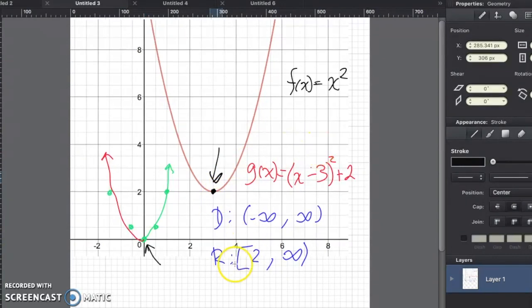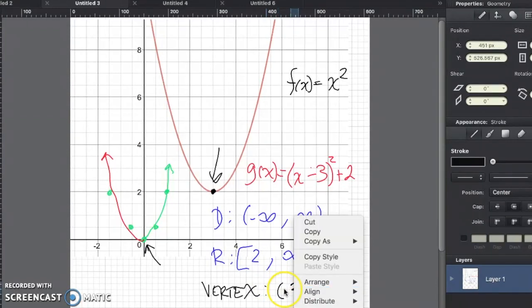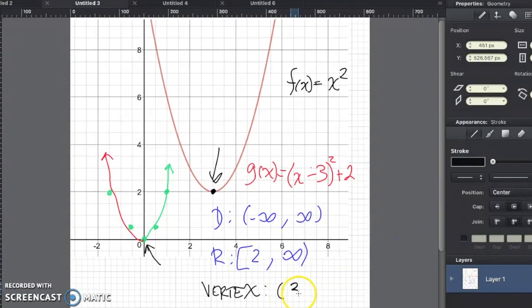So the green, remember, is the parent function, and we're going to talk about moving the vertex over, or translating it, right? So in this case, my vertex is going to be translated to 3, comma 2. So I'm translating my vertex from the origin to 3, 2.